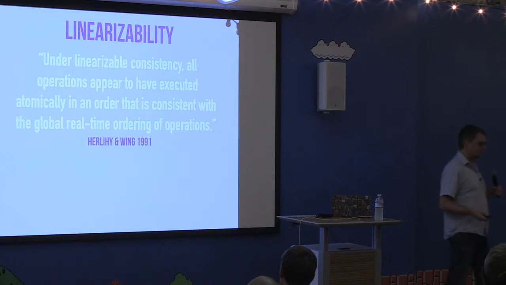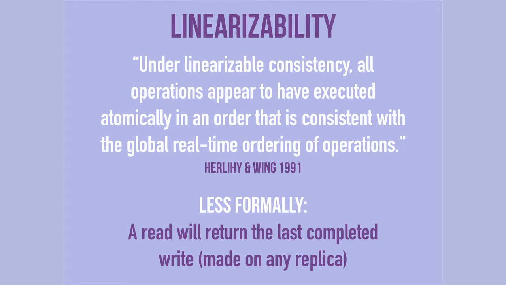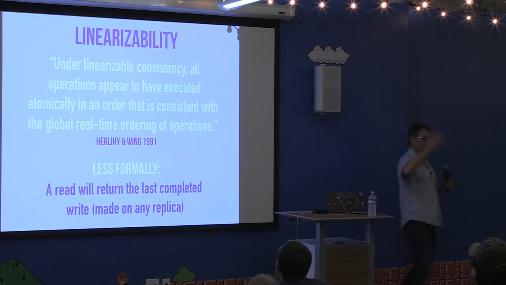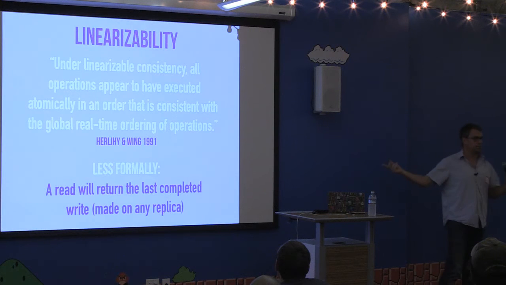So what does this really mean? Less formally, you can say that a read will return the last completed write, regardless of where it's made. If you have a cluster of 1,000 nodes, and the reads and writes happen all the time, any read will return the last completed write regardless of where it happened. This is a very strong guarantee. It's extremely costly. And we can't possibly need that for everything we do.